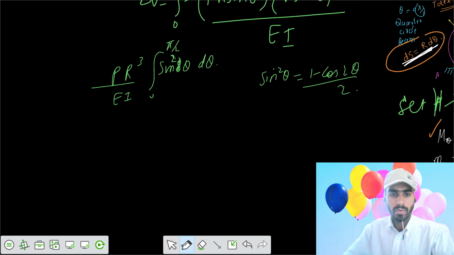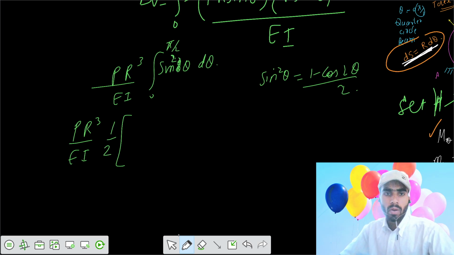Then you substitute the value here. We can get the value of PR cube by EI, and sine square theta, that equals to 1 by 2. We can keep 1 by 2 common outside. Then you have value of 1 minus cos 2 theta and d theta integral.